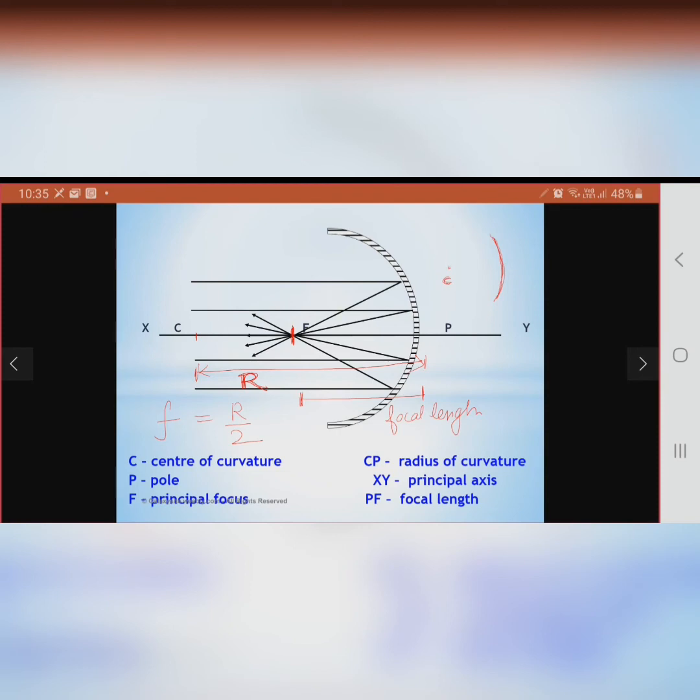Join it to the midpoint of the arc which you have made and measure this distance. Suppose the distance comes out to be 8 centimeter. Then using a ruler, exactly halfway at 4 centimeter, you will mark the focus.